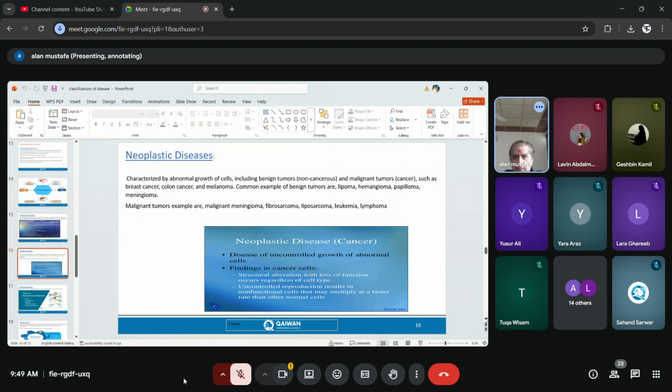An example of a cancer or malignant tumor is melanoma. So just remember, when we say cancer, we are talking about a malignant tumor. Non-cancer or non-cancerous is benign. Melanoma, where is this cancer in our body if it happens?